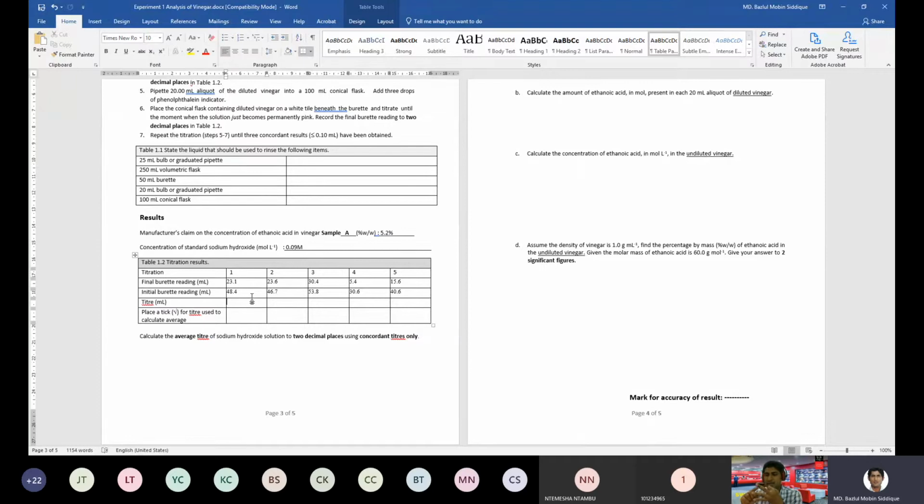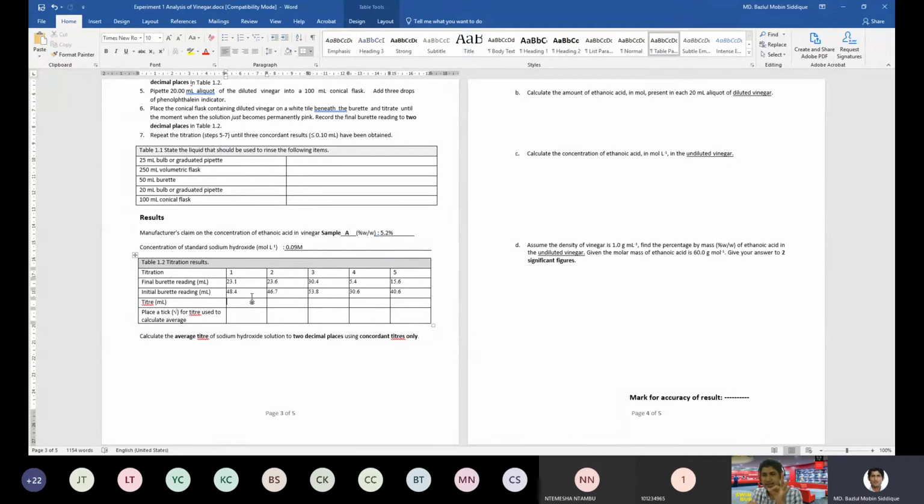If the difference is 0.1 milliliter from one reading to another, then it's okay. But if the difference from one reading to another is more than 0.1, then the result is not good. That run is not good. I have to do one more run, because probably there was some problem that I don't know.